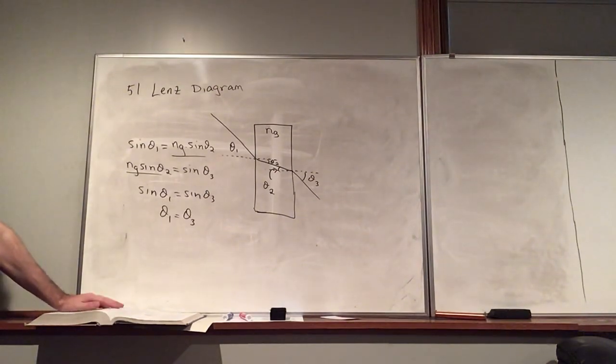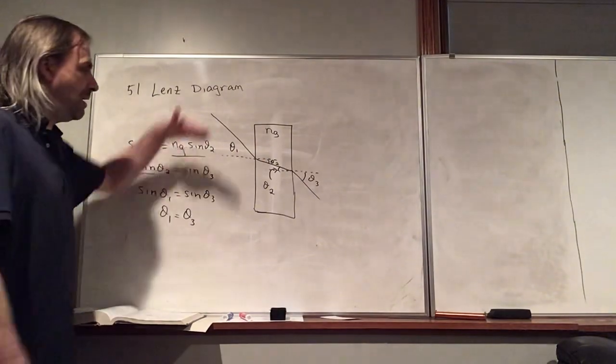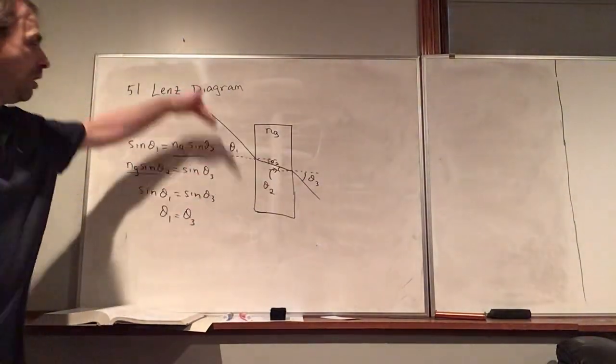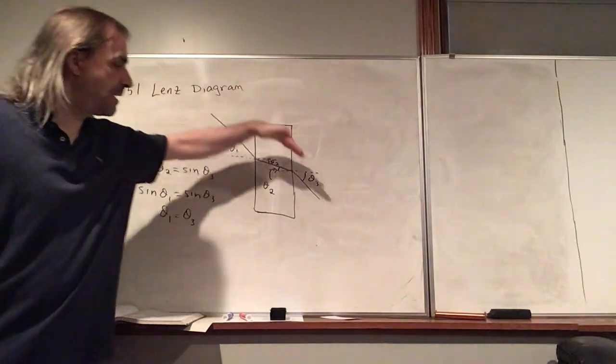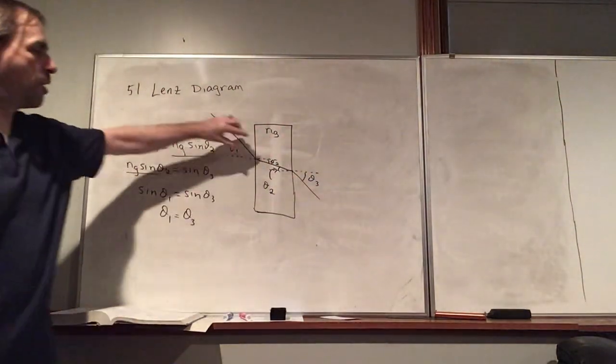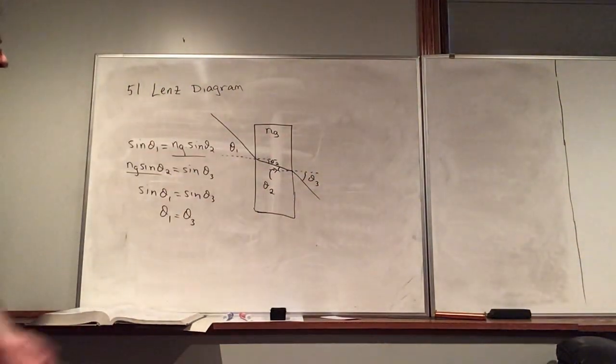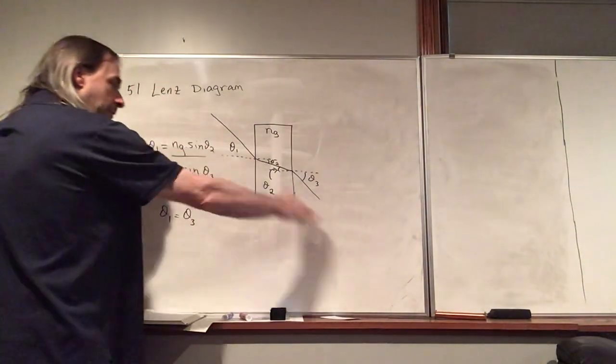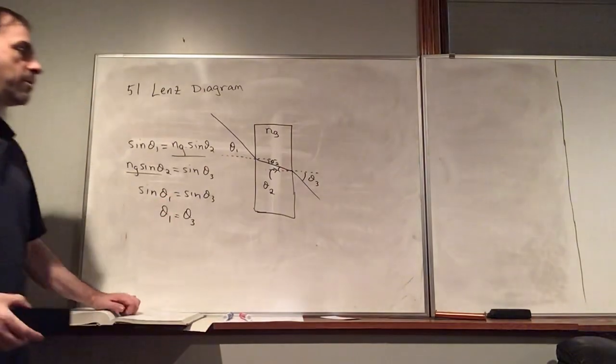So flat surfaces do not bend the light overall. Whatever angle it's coming in, it's going to leave. You could say there's a little bit of an offset, but for a thin window, nothing really happens. You can just consider it passing through the window without any real distortion.